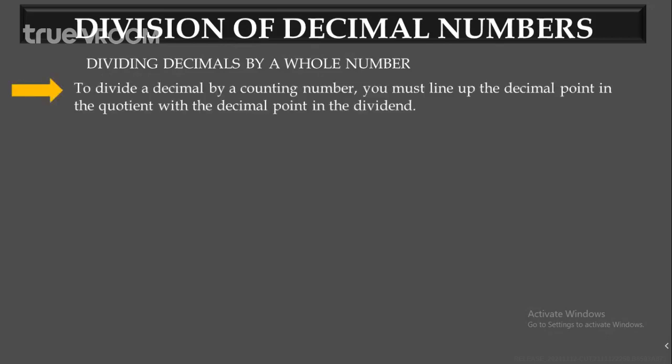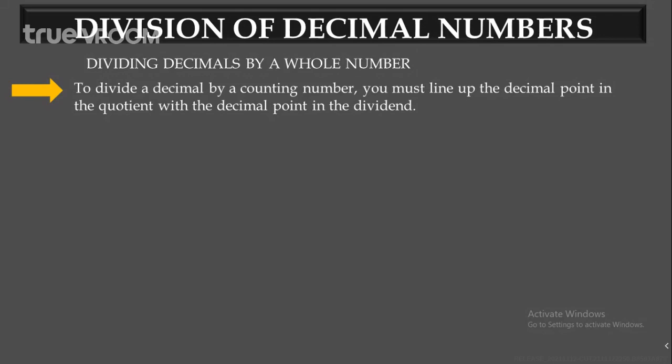So we have the rules here. Please read. To divide a decimal by a counting number, you must line up the decimal point in the quotient with the decimal point in the dividend.